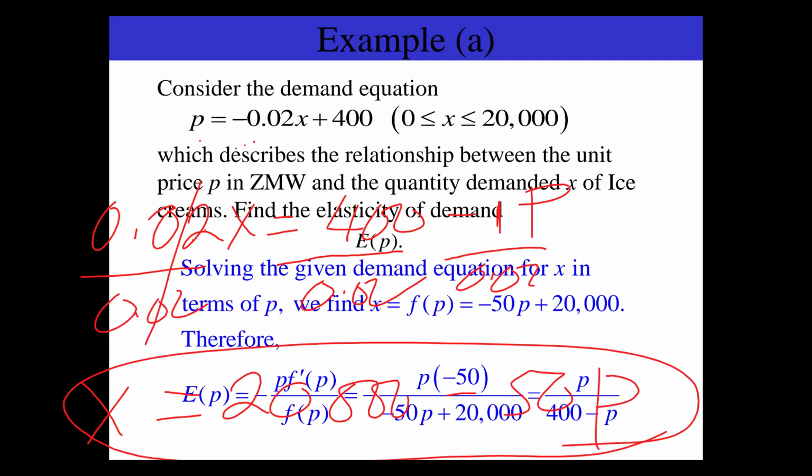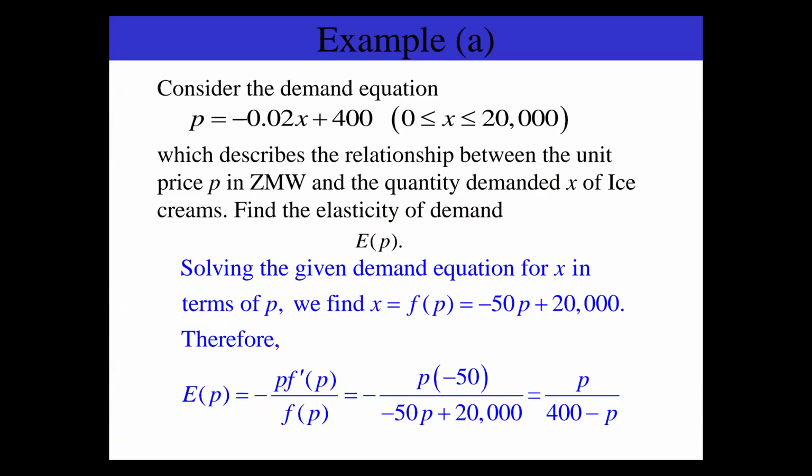Okay, we could go now ahead and find elasticity. And how do we find elasticity? This is the formula that we say to use. So we need to differentiate this function with respect to what? To price. Yeah. Right?